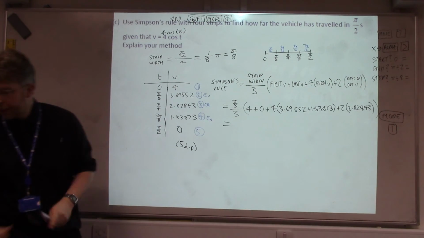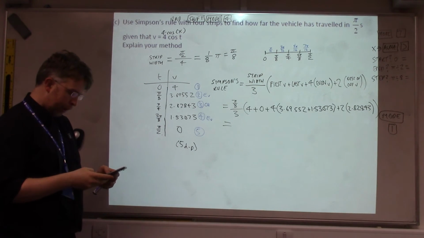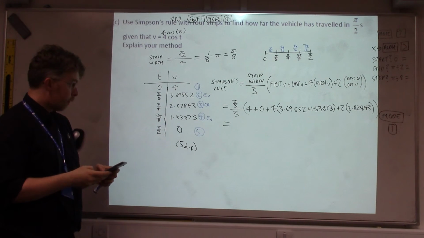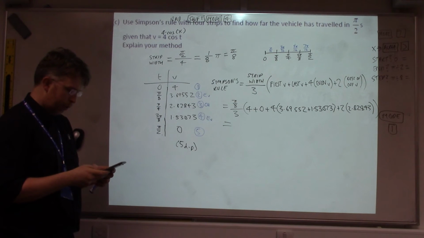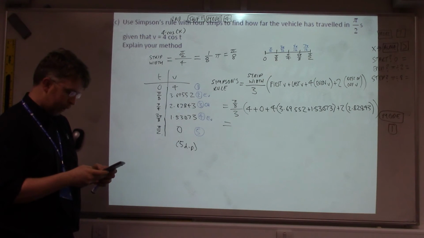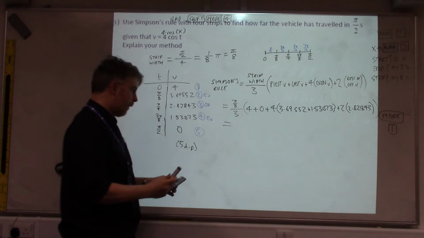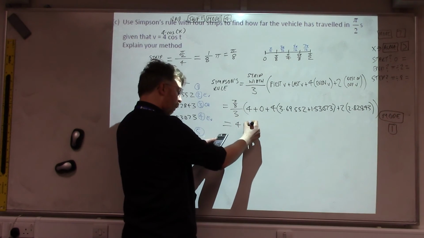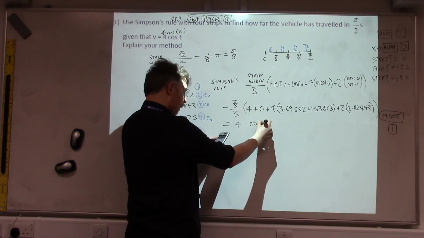Stick all that into the calculator and we get our Simpson's rule estimate. Pi over 8 divided by 3, open bracket, 4 plus 0 plus 4 times, open bracket, 3.69552 plus 1.53073, close bracket, plus 2 times 2.82843, close bracket, equals. Now our estimate to 4 decimal places is 4.0005.